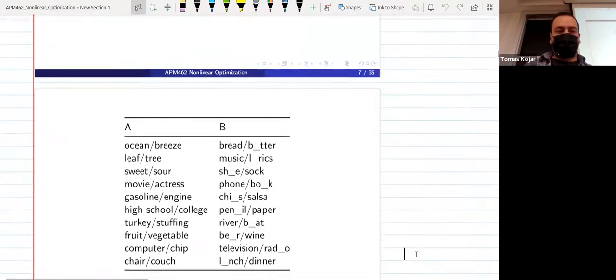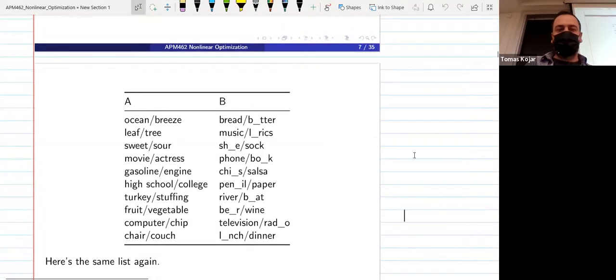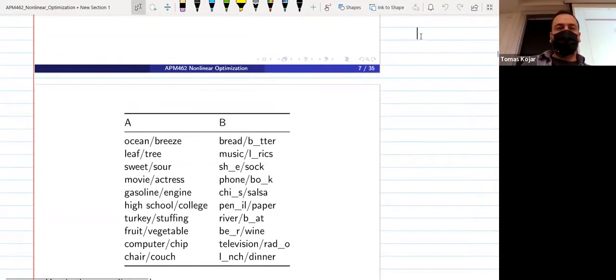So, can you tell me from this list which of these pairs do you remember better? So you have 2 lists of pairs. Which ones do you remember better? So, A or B?